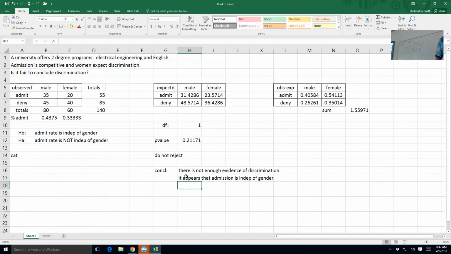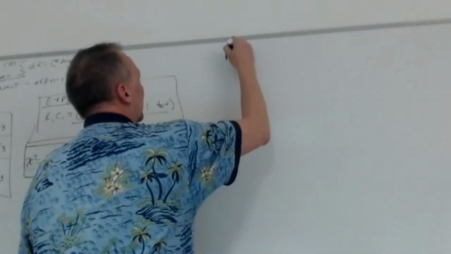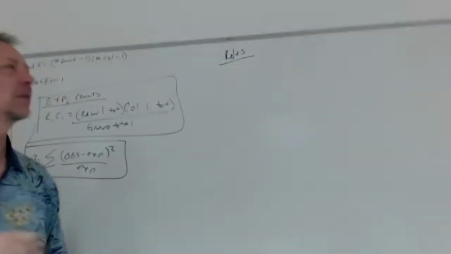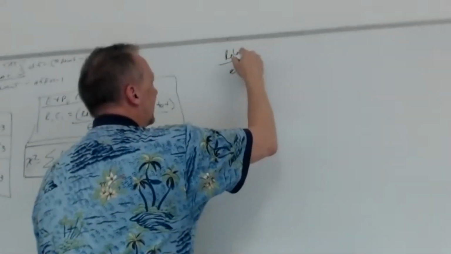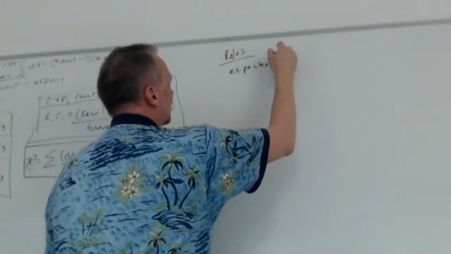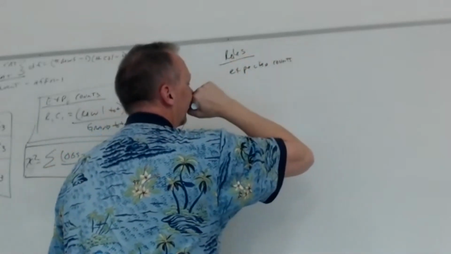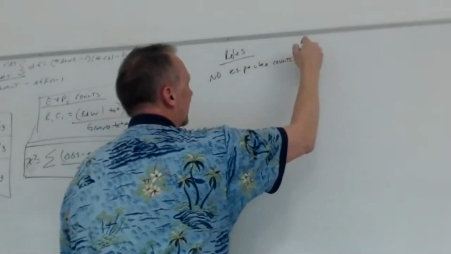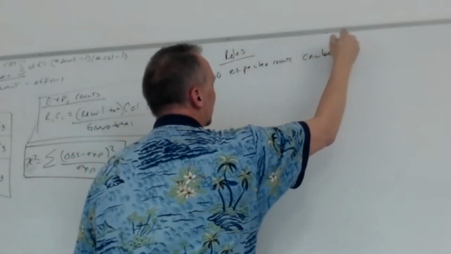So, okay, actually there's a couple other things that I want to mention really quickly. Let me write those on the board. Okay? Now, because I kind of skipped over these, the rules, the expected counts: no expected counts can be 0.